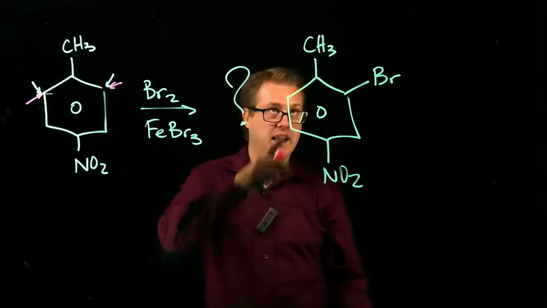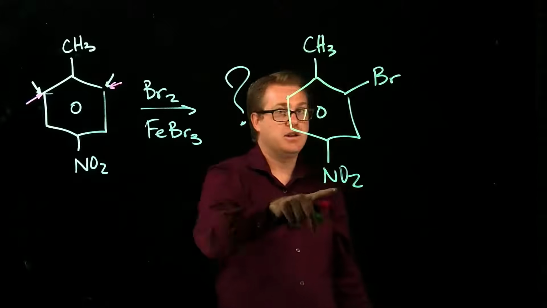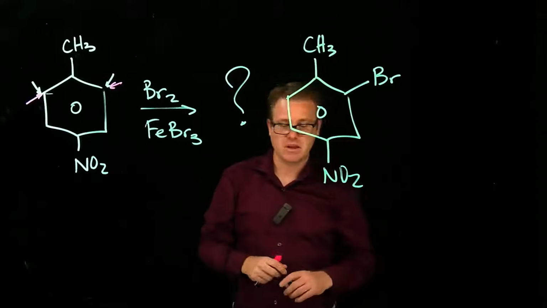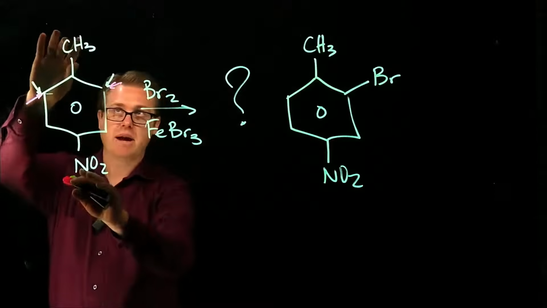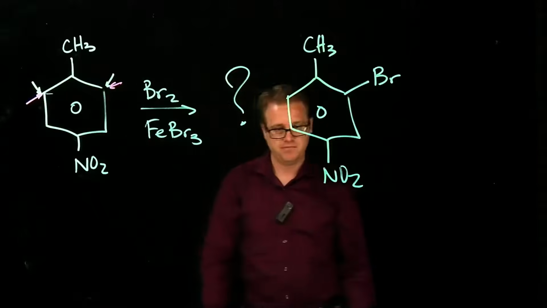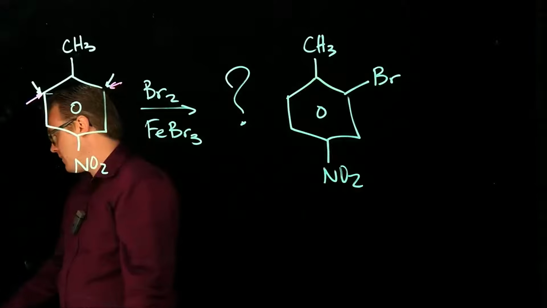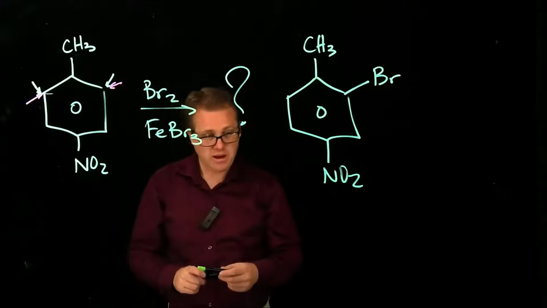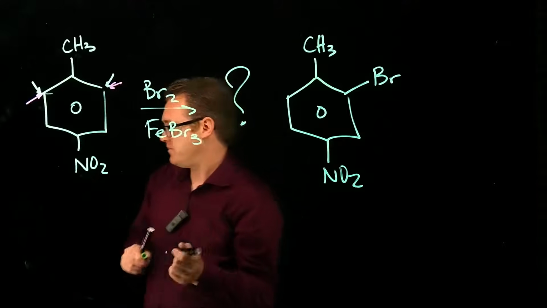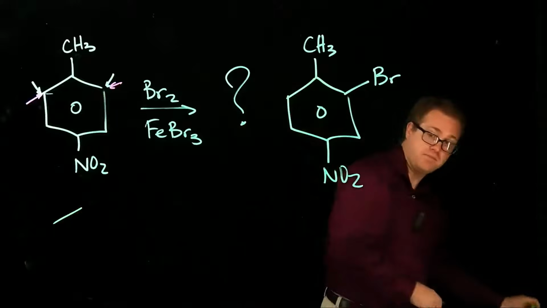So you could say it is ortho to the methyl group or meta to the nitro group. It gives us the same product. Or the better way of saying it is the directors direct the bromine to the exact same carbon. Okay? So that's a pretty cool one. But we will see situations in which there's a conflict. Okay? So for example, let's do that in a different color.